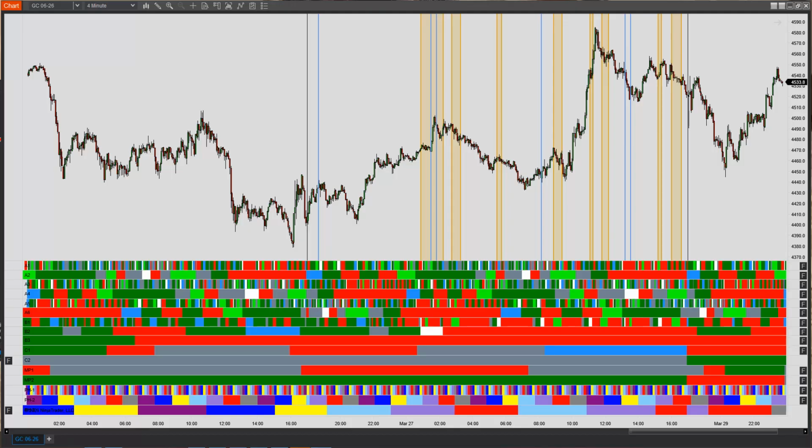Now in my next window, I am transitioning from red to gray on pH1 right here in the blue pH2 hour.